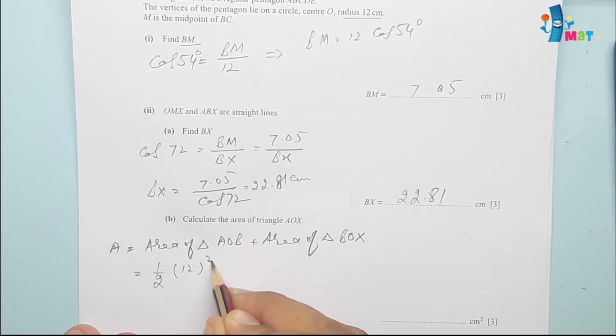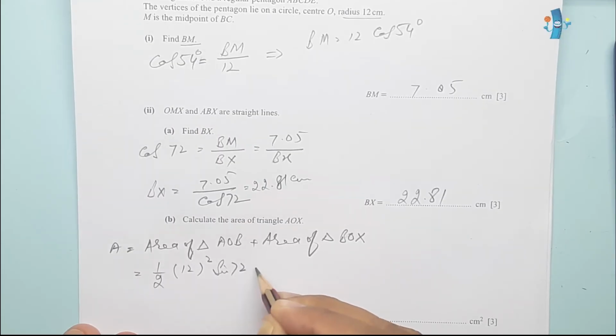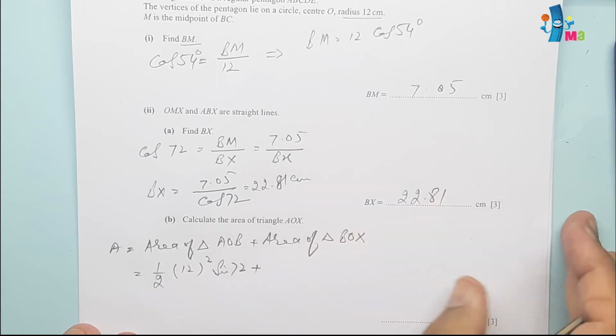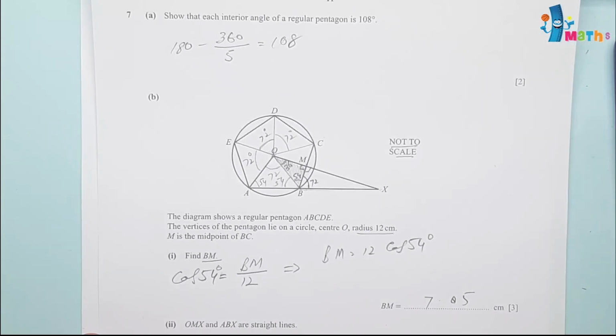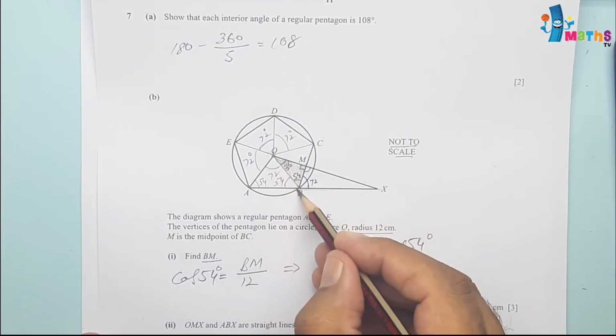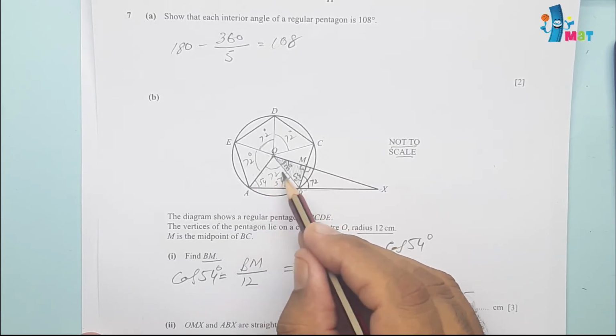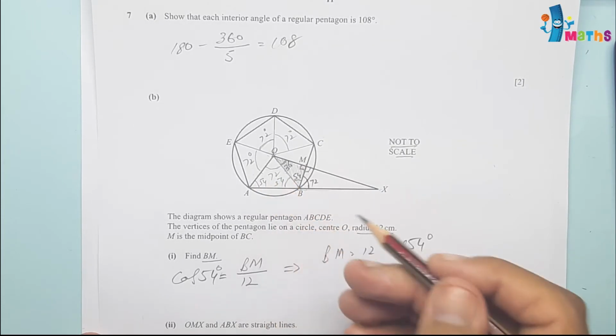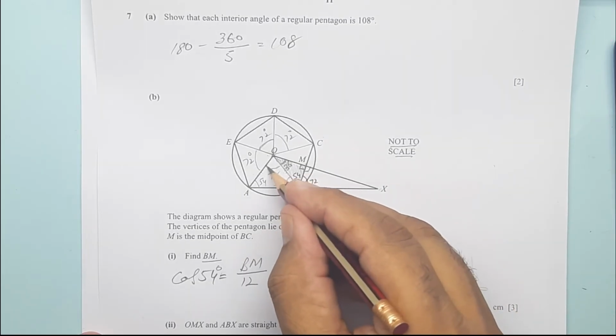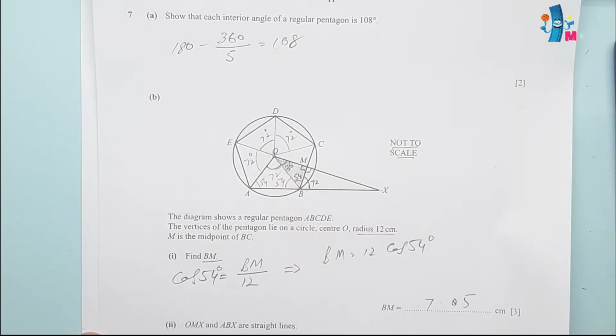AB will be 12 square, and sine of 72, plus the other triangle. Basically we have taken this one AOB, and both sides are 12 radius, both radii are 12, so 12 square, and sine of this 72 angle.